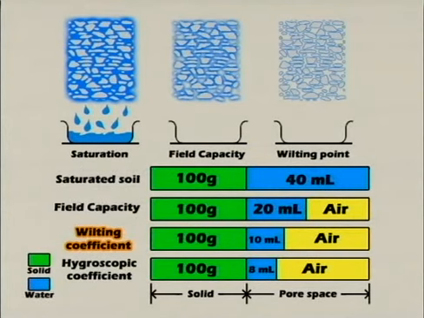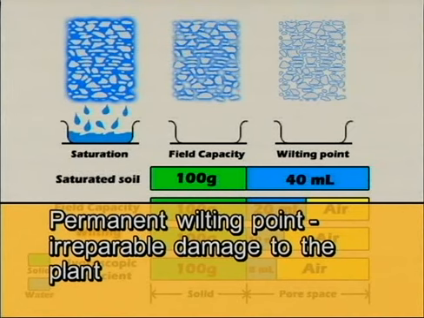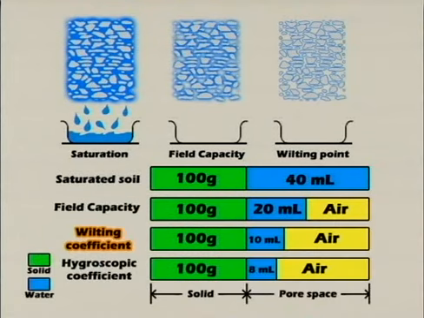If a plant reaches a wilting coefficient and water is not resupplied to this soil in a very short period of time, those plants will not recover even after water does become available to them again. And that would be referred to as the permanent wilting point. Permanent wilting point indicating irreparable damage to the plant. That plant's going to continue to lose water due to transpiration, even though the rate of uptake from the root system can't keep up with it at this wilting coefficient.